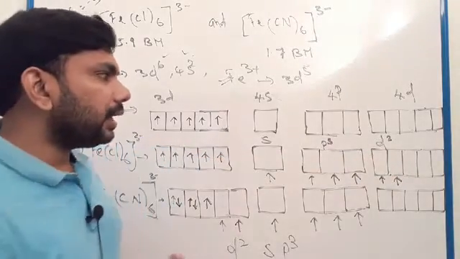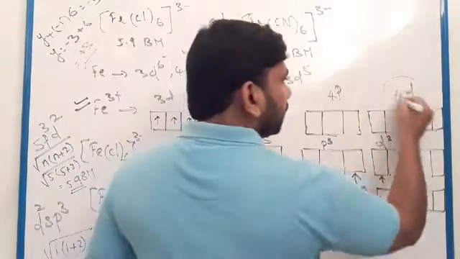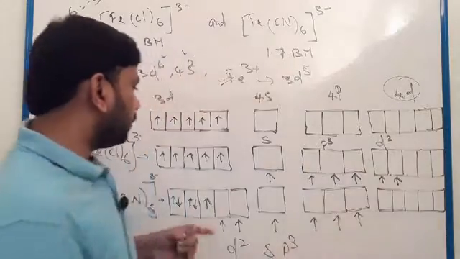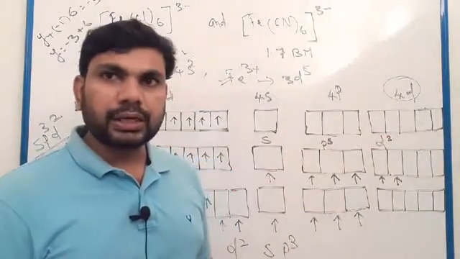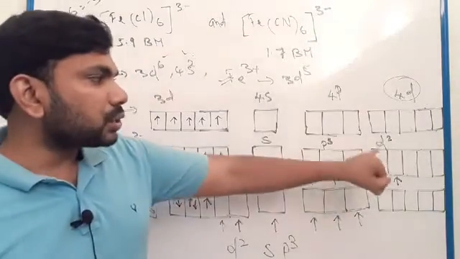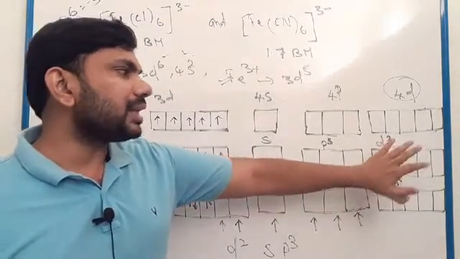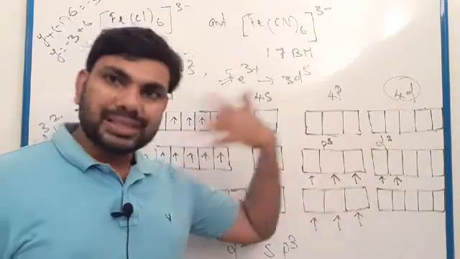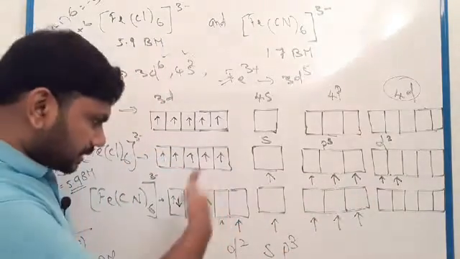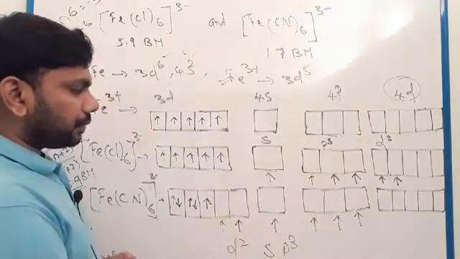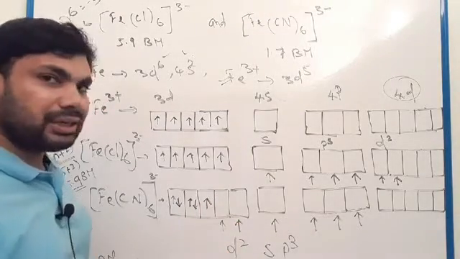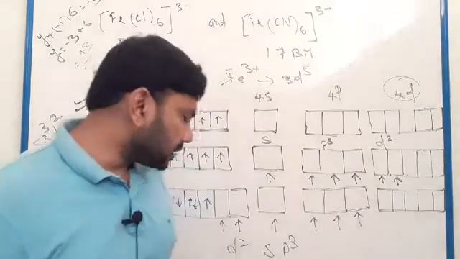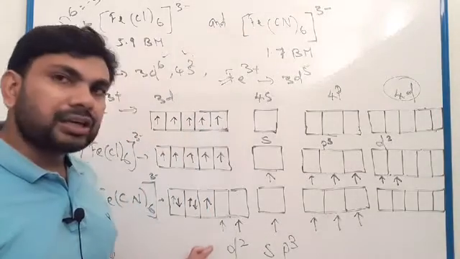In the first case, 4d orbital is coming for hybridization. This is outer d orbital. Here this is inside, inner d orbital involved in hybridization. d2sp3 means inner d orbital.